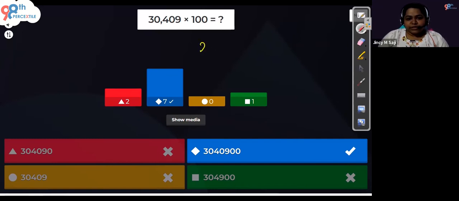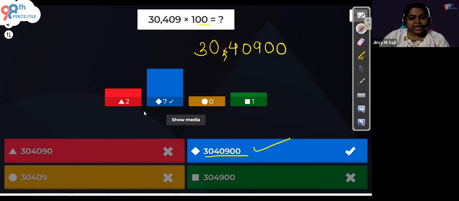So it was 30,409 times 100, and every time we have the power of 10, we see the number of zeros. There are two zeros, so we add 2 zeros just after the last digit. The blue option is the correct answer.